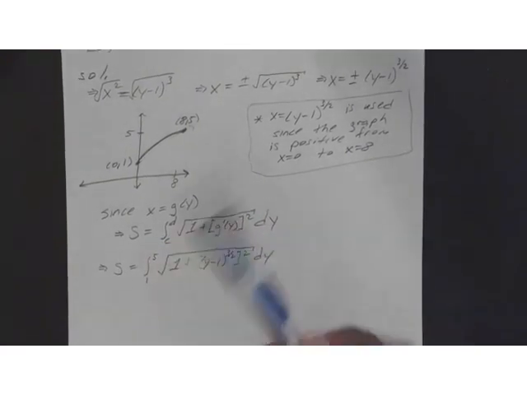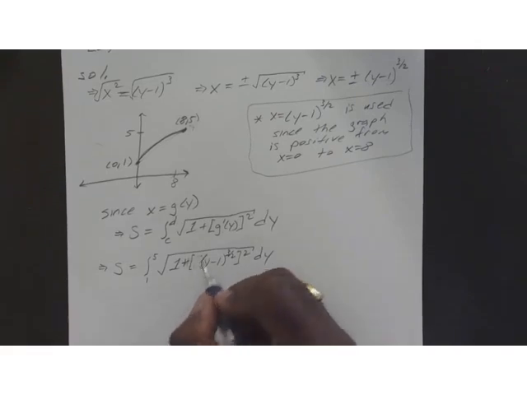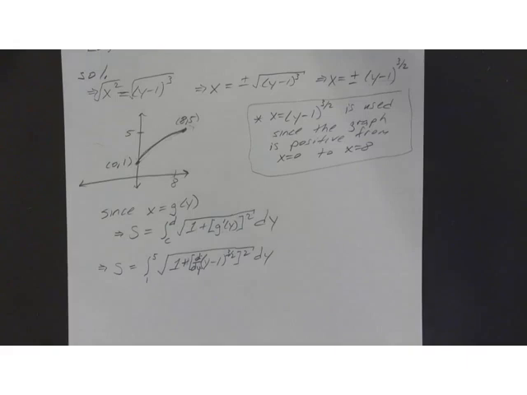So write little d dy. So we take the derivative of (y minus 1) to the 3/2 power.